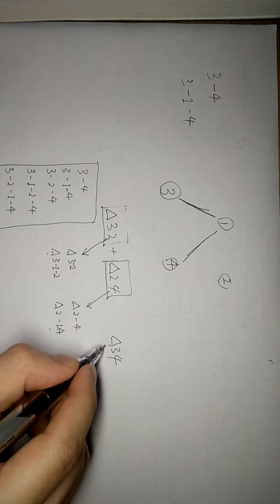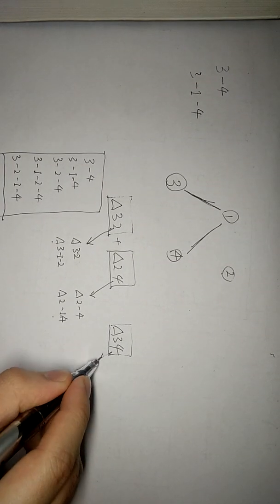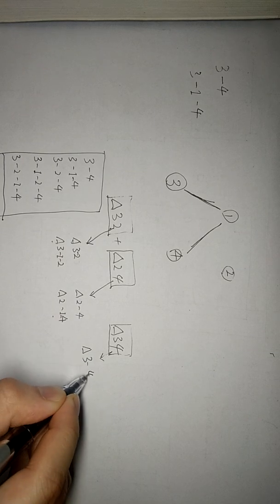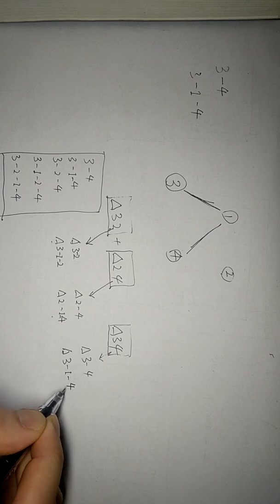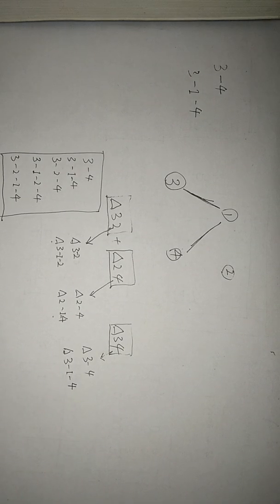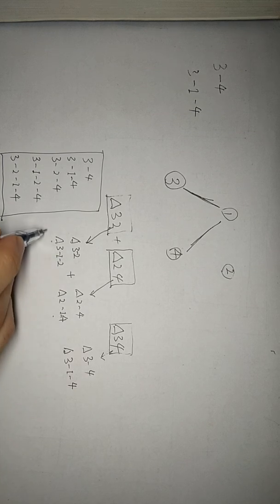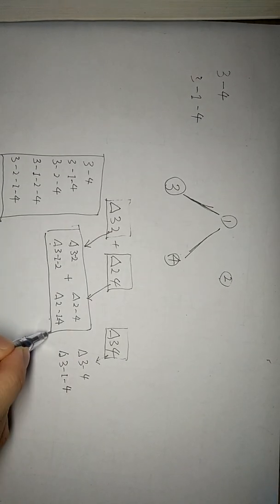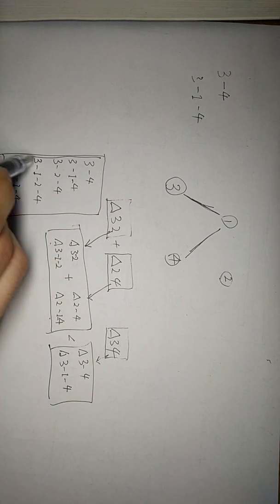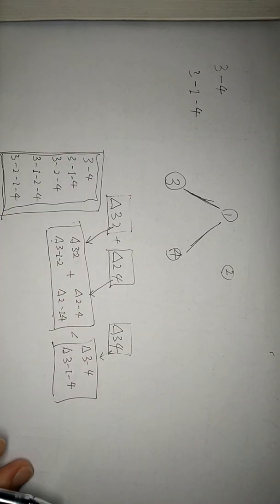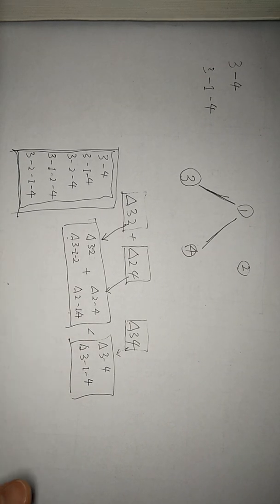And also, when we compare it with the distance 3 4, we actually calculate the distance 3 4 and the distance from 3 to 1 to 4. So if we add these two together and compare it with this, we actually compare these 5 together at once. So it's true.